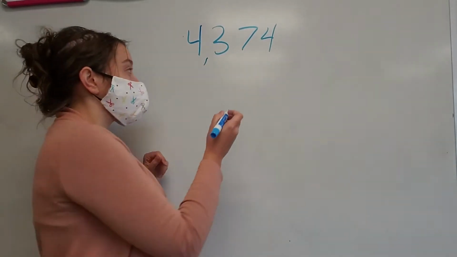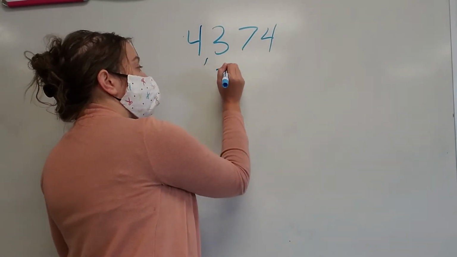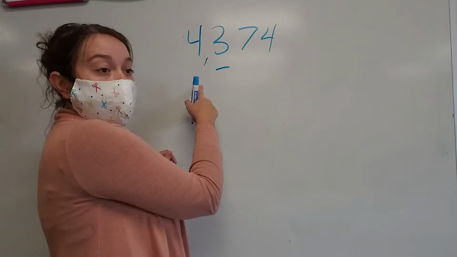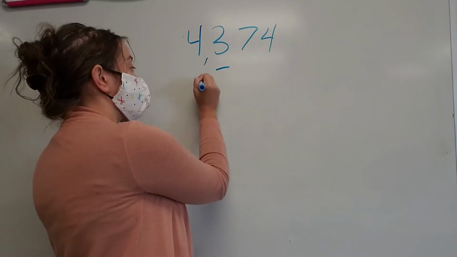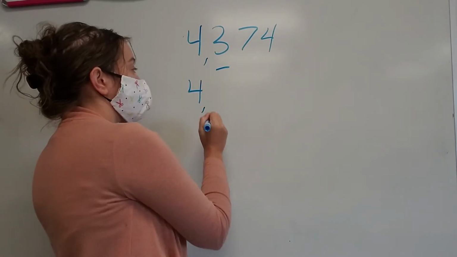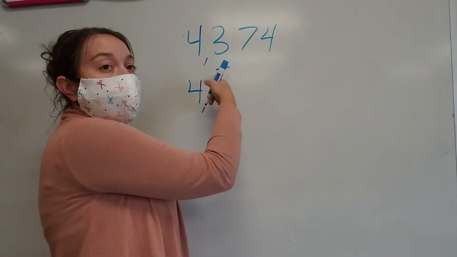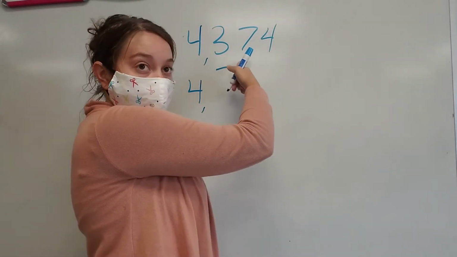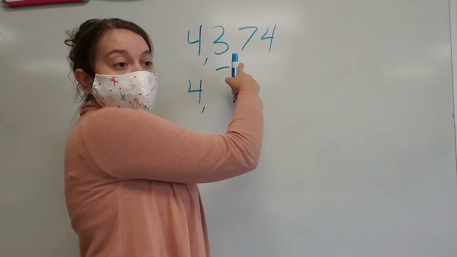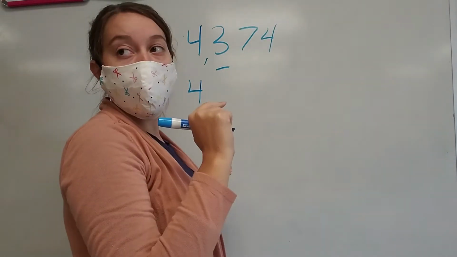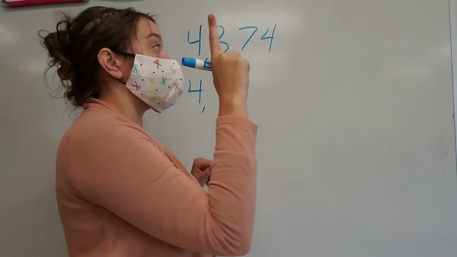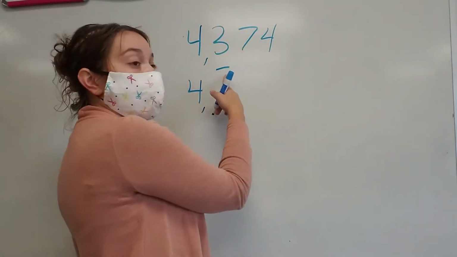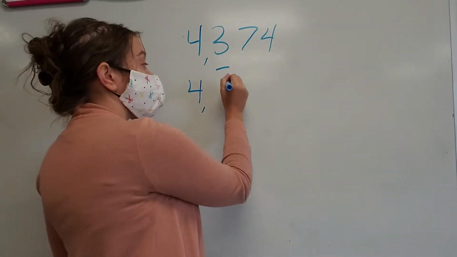The 3. So remember, anything before it stays the same. Right? Now, I need to look at the number next door. This is a 7, right? So do I go up or down? Everyone? Up. So my 3 becomes 4.